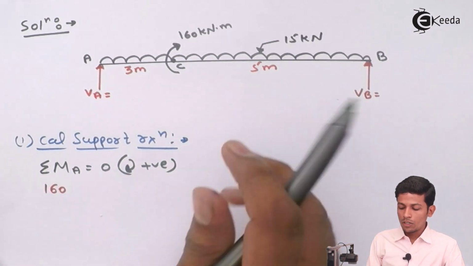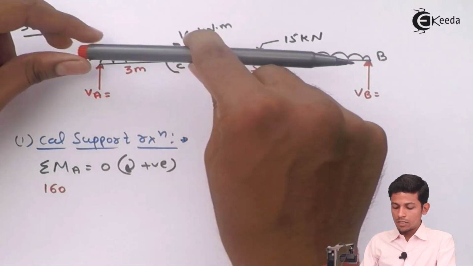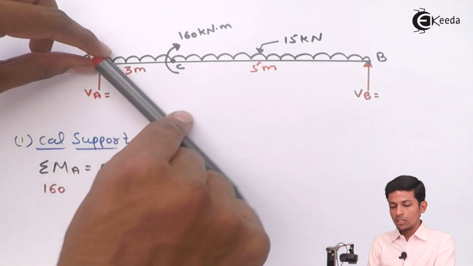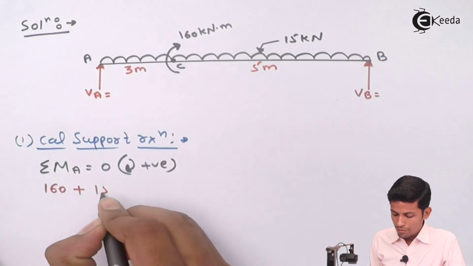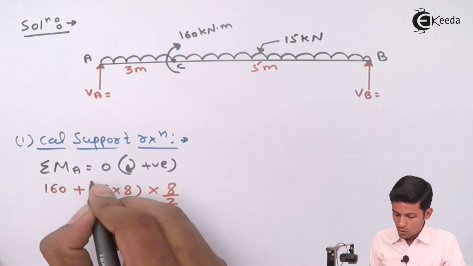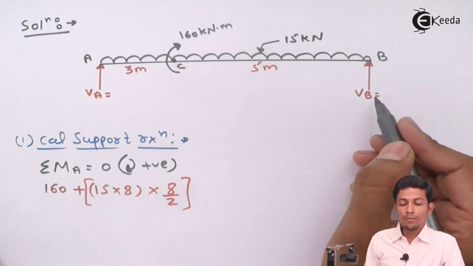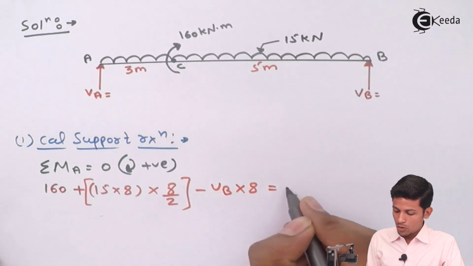Now UDL is there, so UDL will come. This is a point fixed over here and the load is applied downward, so it will go in clockwise direction. So plus 15 into 8 into 8 by 2, this is our UDL. After that, minus VB into this distance, minus VB into 8 is equal to 0.